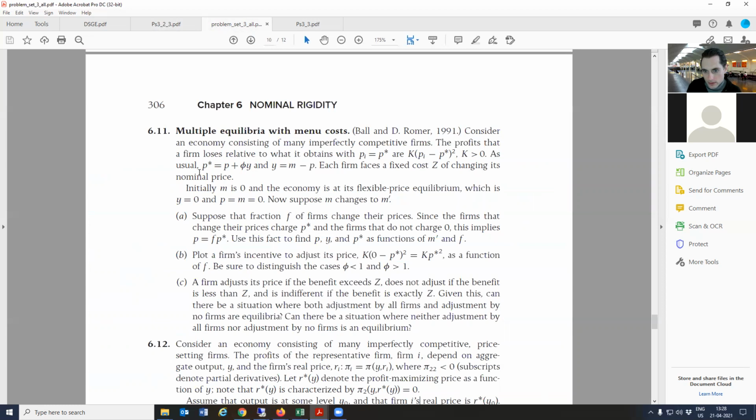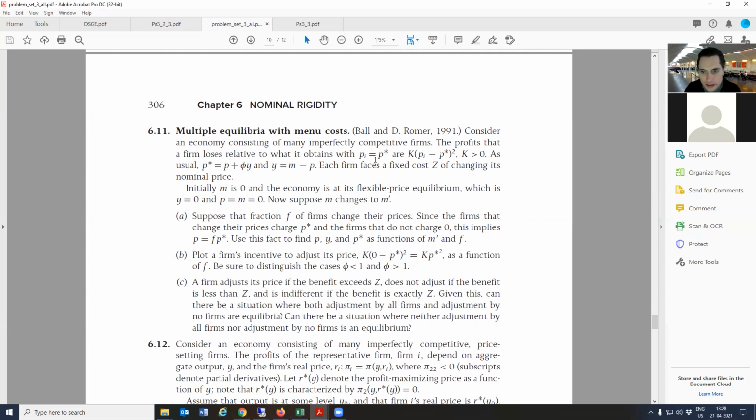Now, as usual, P star is equal to p plus phi y, where phi is some positive parameter, but it could be greater or less than 1. And y is equal to m minus p, so this is that Keynesian demand-driven supply type of aggregate demand function. Each firm is going to face a fixed cost z of changing its nominal price.